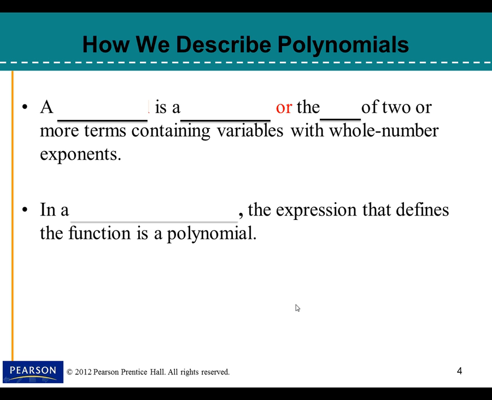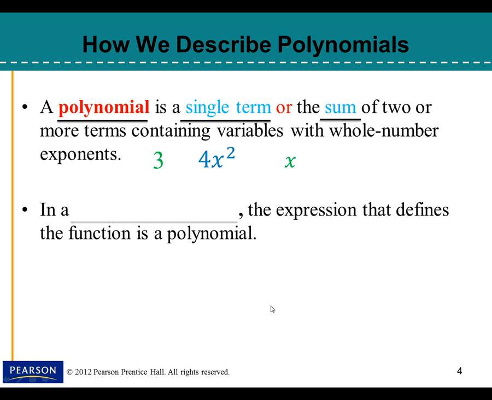So to begin with, know that a polynomial is a single term or the sum of two or more terms containing variables with whole number exponents. So an example of a polynomial, it's a single term. So 3 is an example of a polynomial. 4x squared is a single term that's a polynomial.